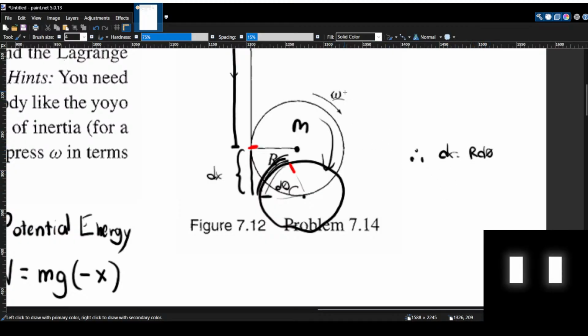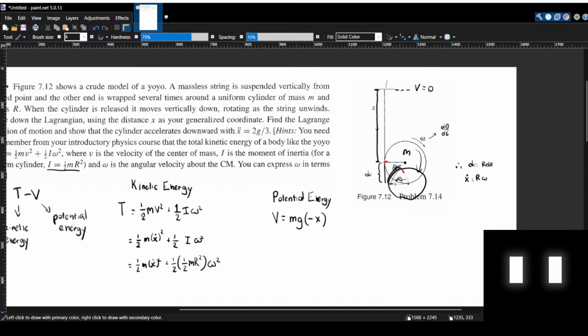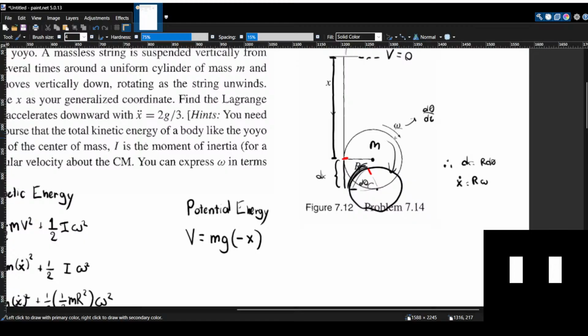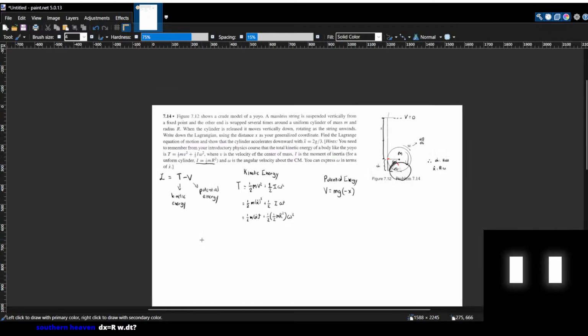What we want to find is omega, which is equal to d theta by dt. So really, what we have is x dot equals r omega. This is basically saying that if you roll, the velocity of the object is directly proportional to the angular velocity, multiplied by r. So dx equals r omega dt. Correct, that is perfect.